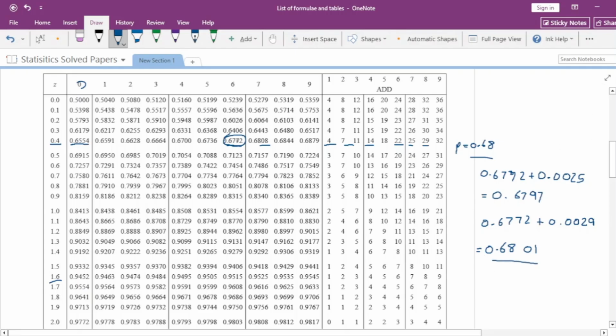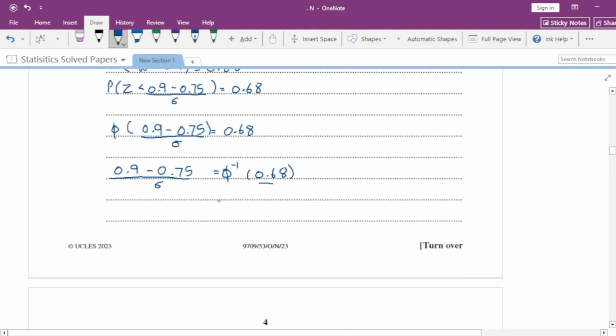So which z value do we take back? We're going to take 0.4, as this is lying in the 0.4 row, and then 0.6. So our z score starts with 0.4. We look at what value we took here, 0.46, and then what value we added, that was 8, giving 0.468.